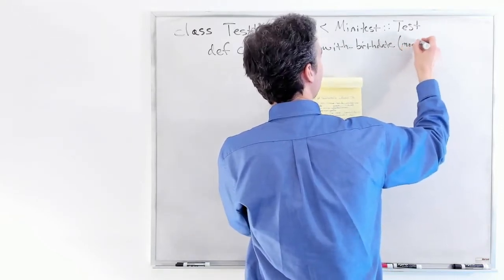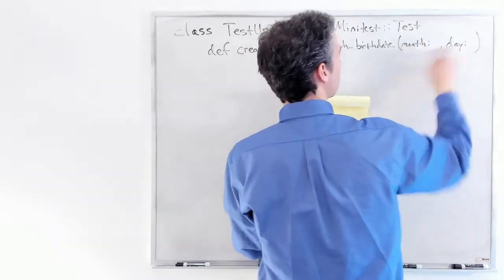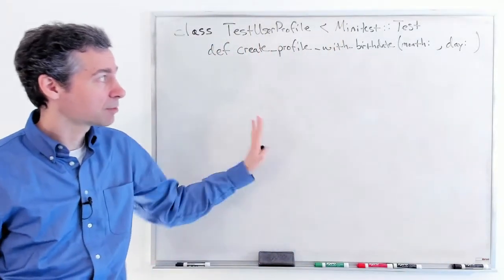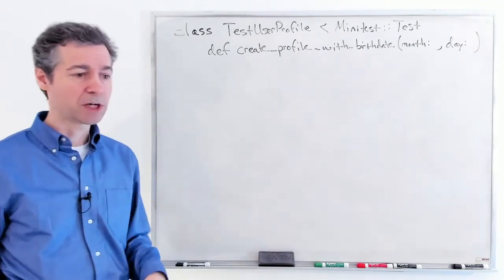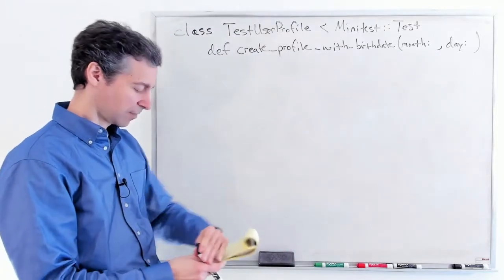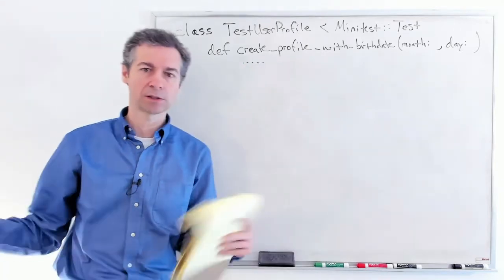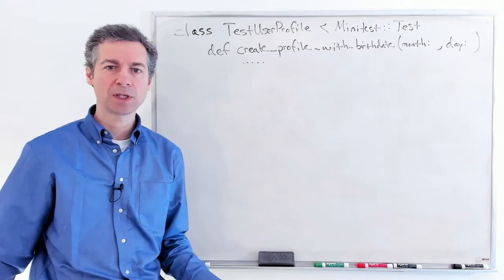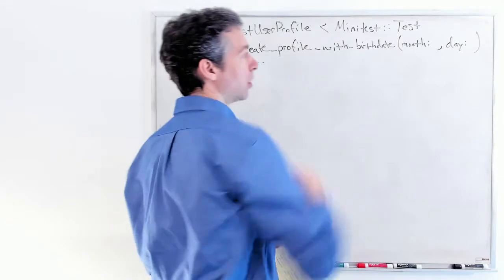I'm going to say it's got a month and a day, and I'm going to use named arguments so that when I call it, I have to specify a specific month and a specific day, and I could call those in any order, so I could go day and month, but I always have to use the named arguments in my call. In here, I would write some code where I call user profile new or user profile create, and it would create the user profile for me, and I'd be sure that it's got the right birth date.